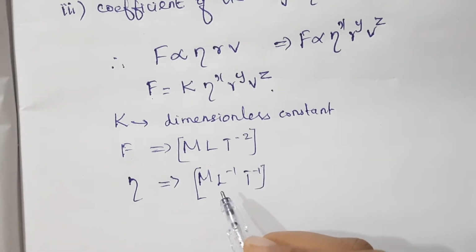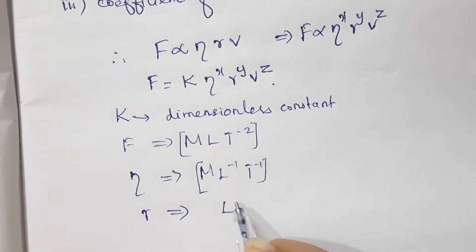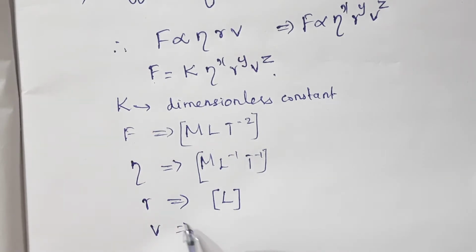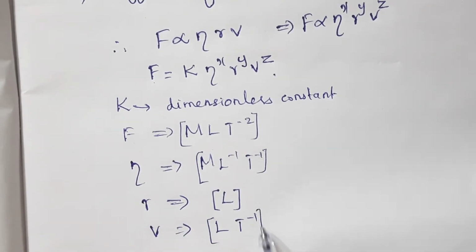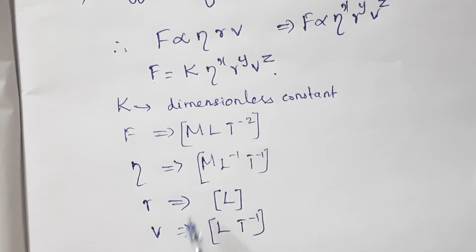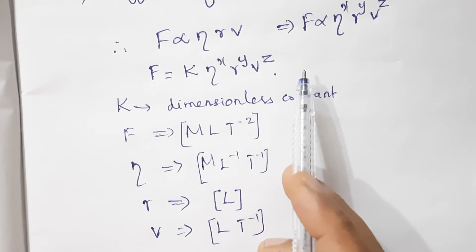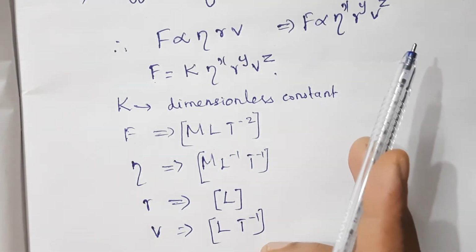Next, the radius. What is the dimensional formula? It is nothing but distance, so L. Velocity: what is the dimensional formula? L T power minus 1. So substitute these dimensional formulas in this equation and by solving the equations we will get the powers x, y, z.